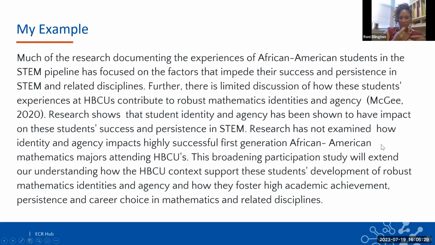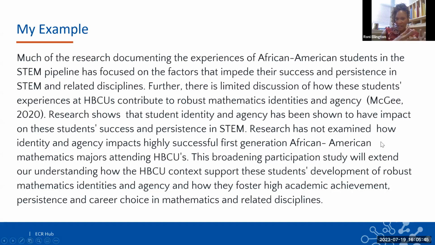I have a whole lot of philosophical assumptions built under there around these constructs and what I believe is the connection. I will then test those out and build out a model in the research that I conduct. So that's my example.